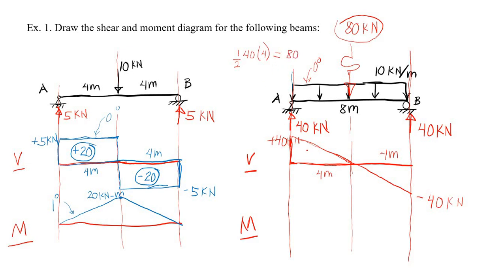Okay, so the area here should be positive 80. And this area here should be negative 80.